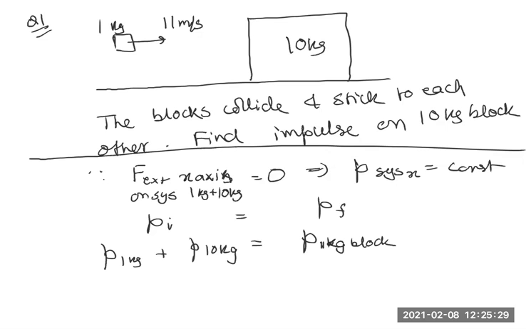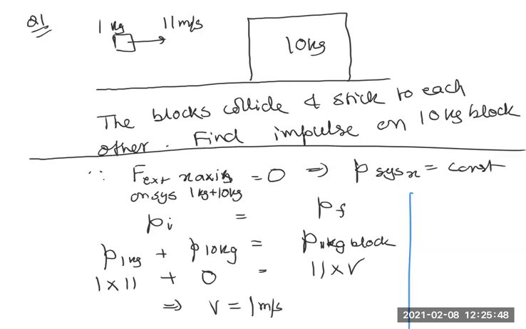So the 1 kg block's momentum is 1 into 11, plus the 10 kg block's momentum is 0, and the 11 kg block's momentum is 11 into v. This gives me v is equal to 1 meter per second.